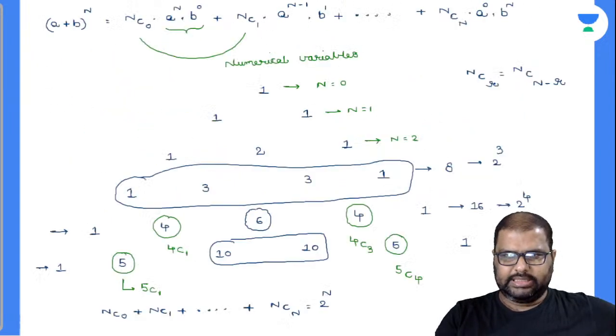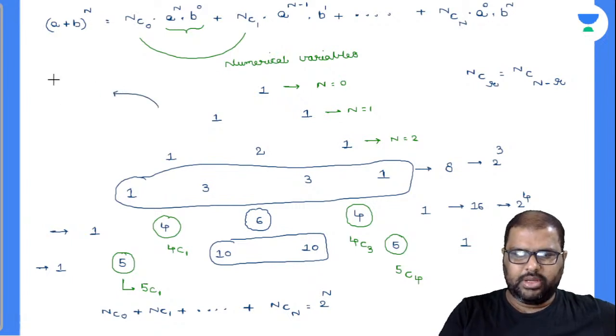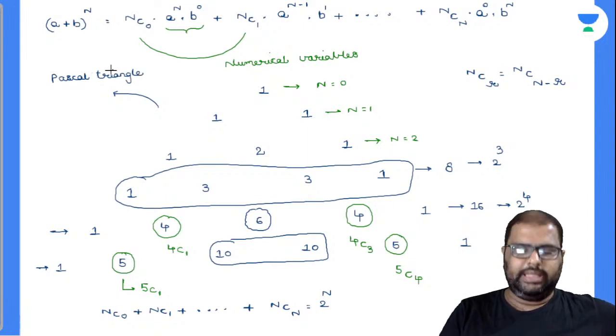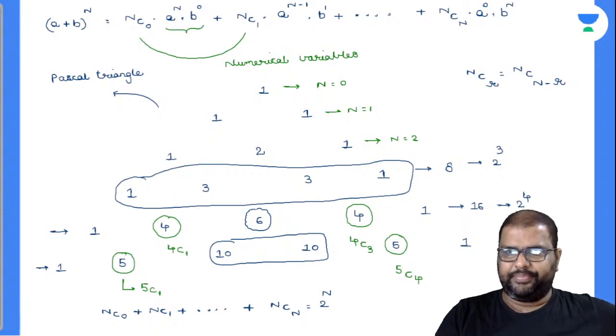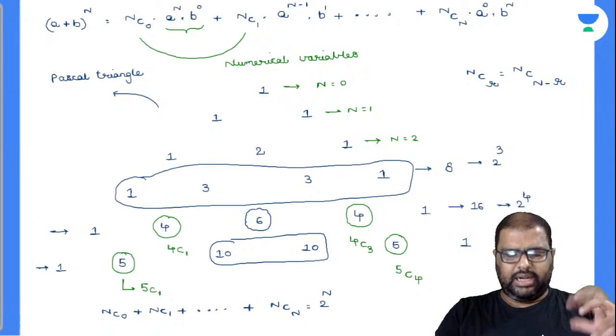I gave you one example, and this is called your Pascal triangle, which can be extended infinitely. I can write n number of rows. Writing down all the numerical values of the binomial theorem into a triangle is called Pascal triangle. Let's solve some questions, then you can understand, right?